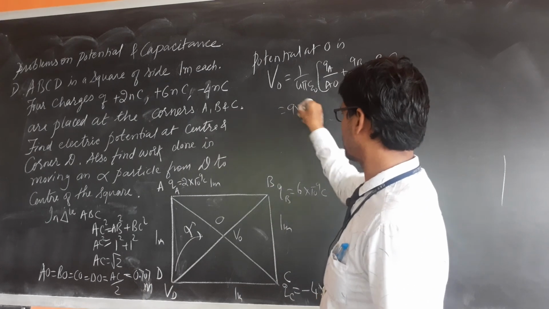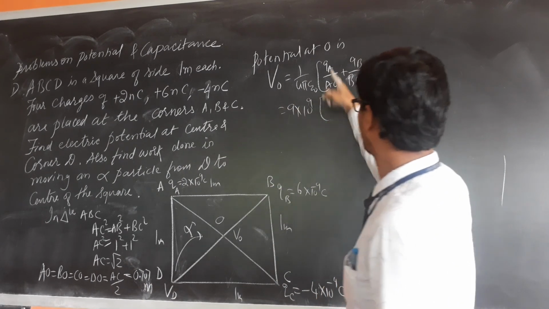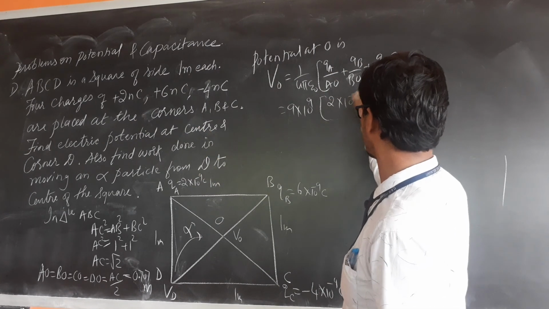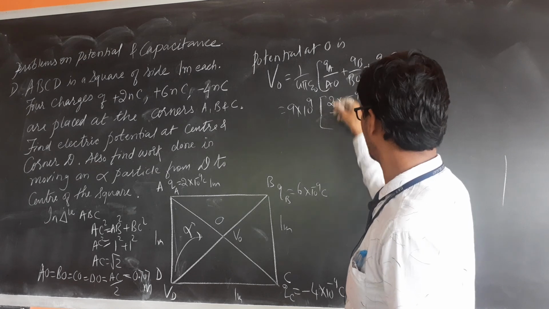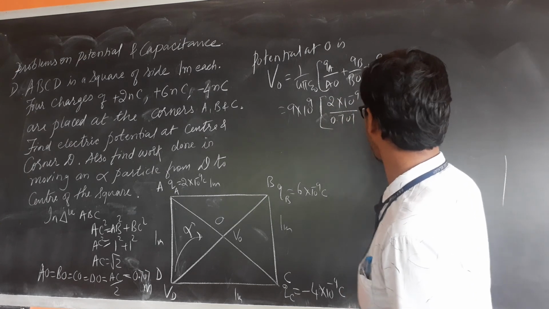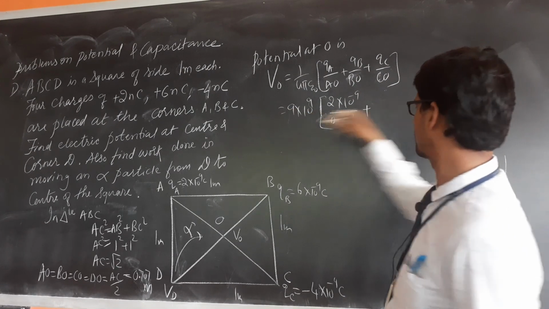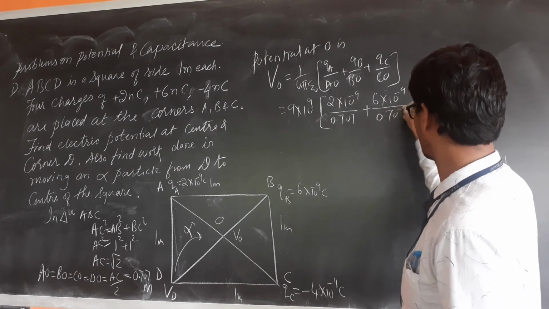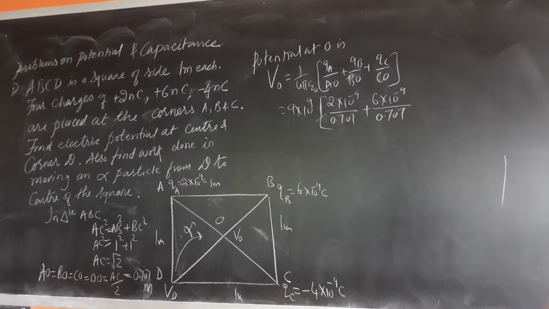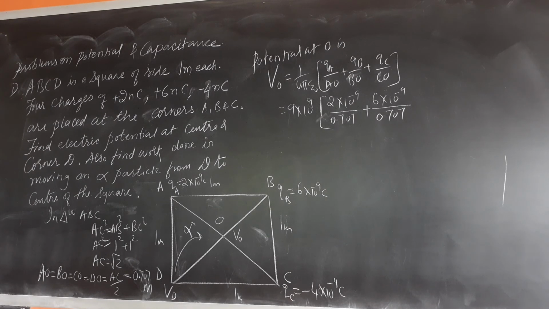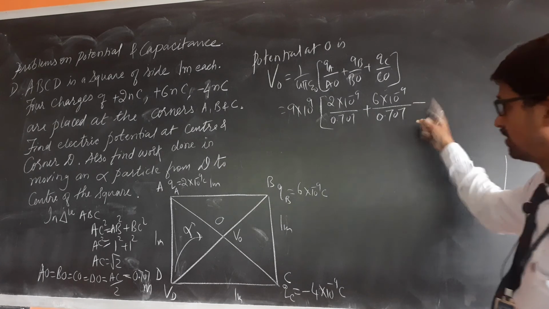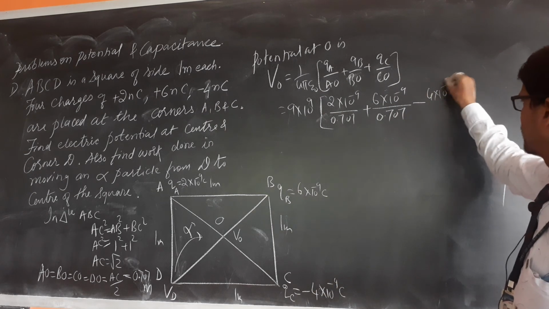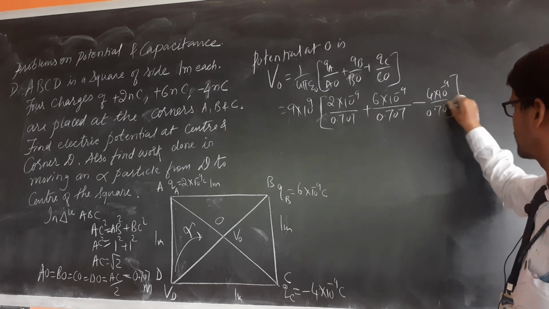1 by 4 pi epsilon naught is 9 into 10 raised to 9, that you know. QA is how much? 2 nanocoulomb, that is 2 into 10 raised to minus 9 divided by AO, which is 0.707, plus QB, 6 nanocoulomb, 6 into 10 raised to minus 9 upon 0.707, plus QC, which is minus 4 into 10 raised to minus 9 divided by 0.707.